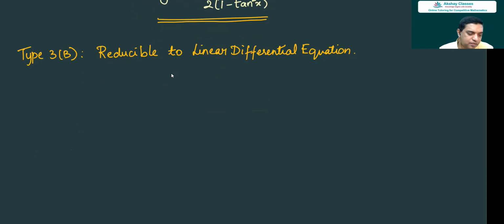So there are different types. Within this, there is type 1 or case 1. This is the Bernoulli's equation.